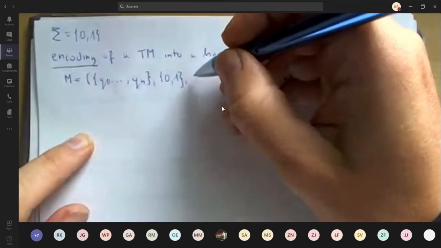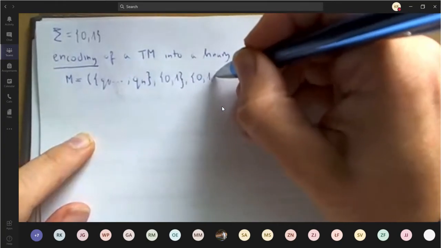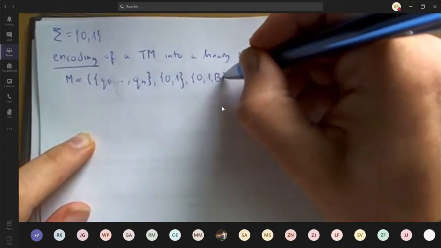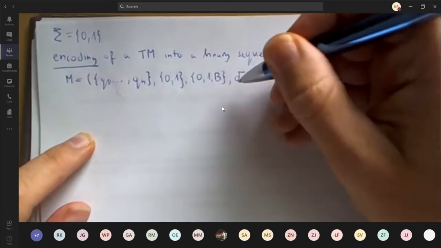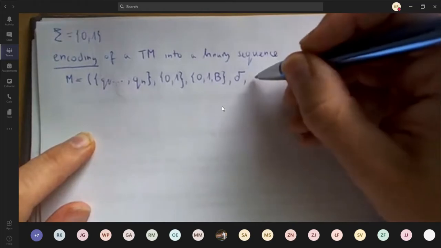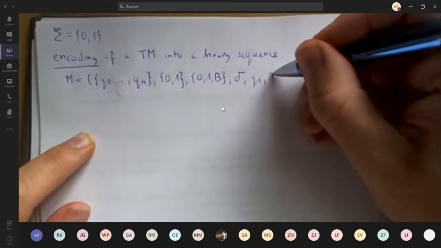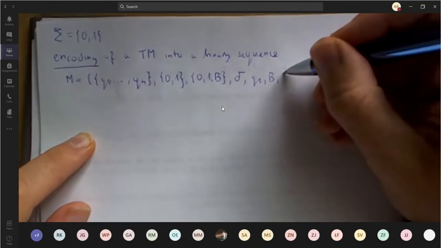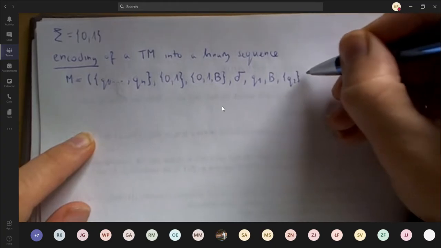The tape alphabet consists of 0, 1 and the blank symbol. This is the transition function. Let's assume that Q1 is the initial state, B is the blank symbol, and that we have only one accepting state, Q2.